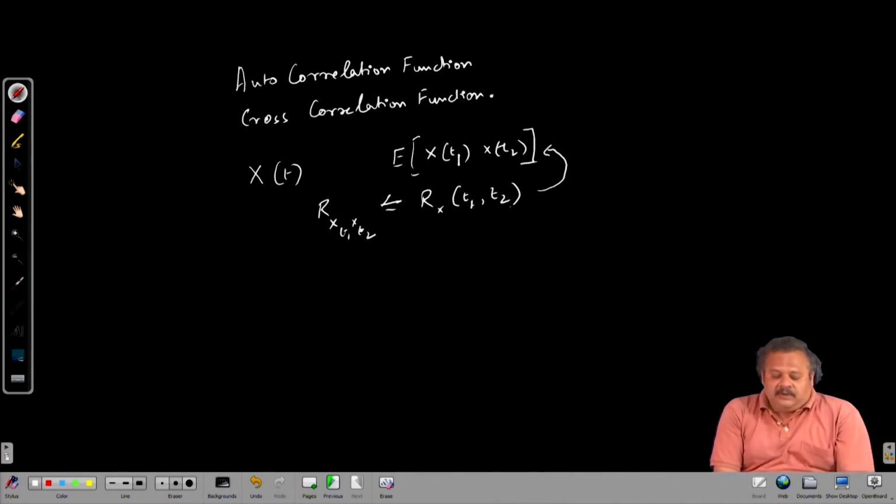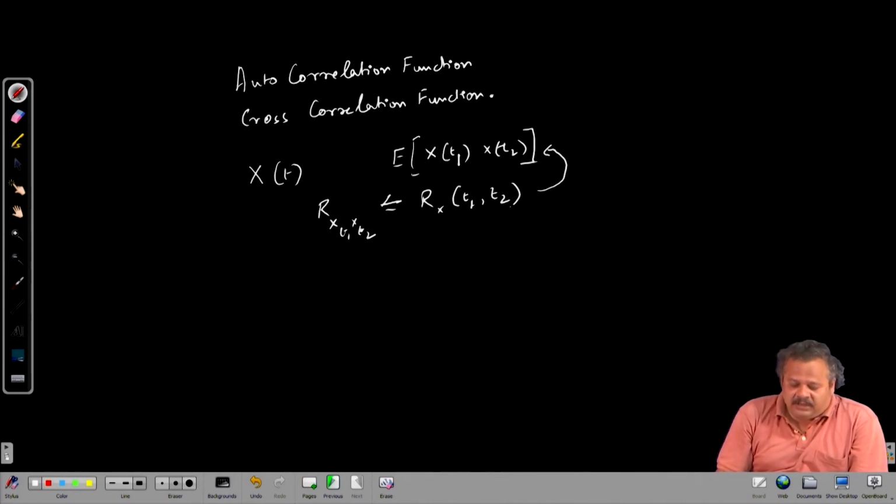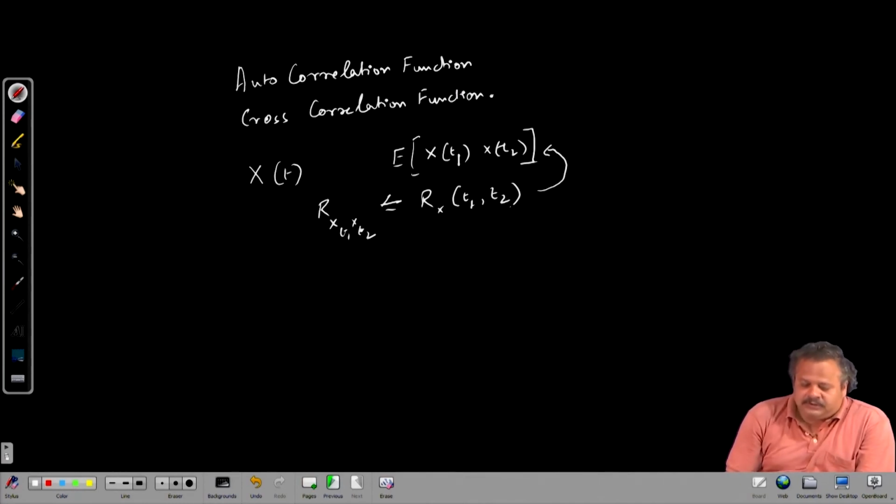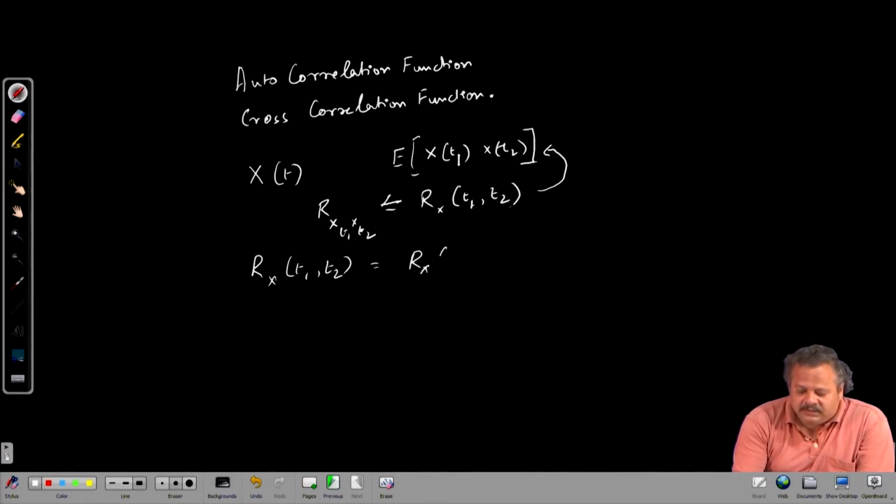Now, we will see that under certain conditions which we call wide sense stationarity or strong stationarity in both cases, this rx t1 t2 can be changed to rx tau, a single variable, which is the difference in time between t1 and t2. So, we had this random process over time.